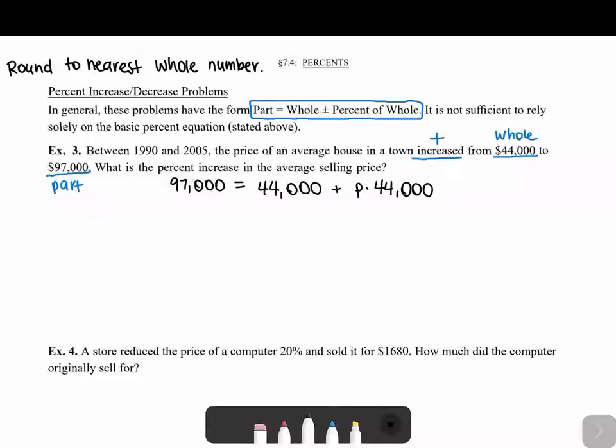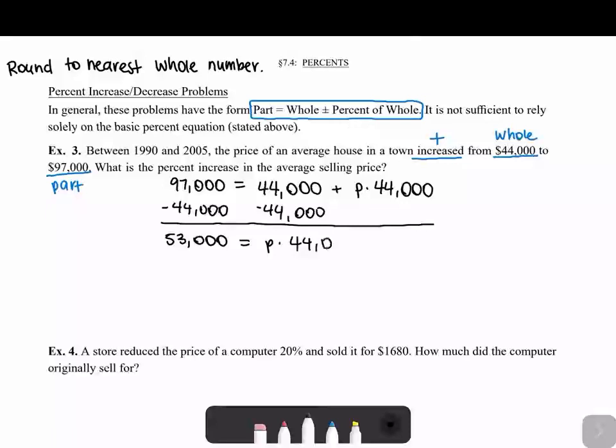Then all you have to do is solve for P like we would normally do in our college algebra class. We can subtract 44,000 from both sides, and we should get 53,000 over here. So 53,000 equals P times 44,000.